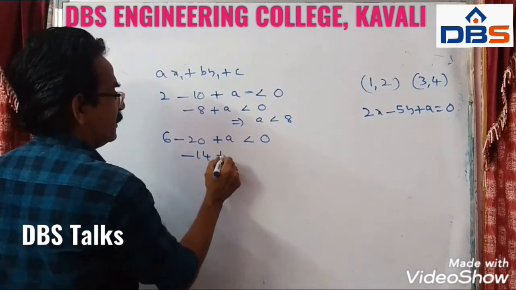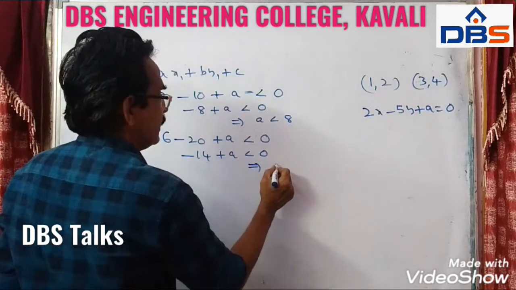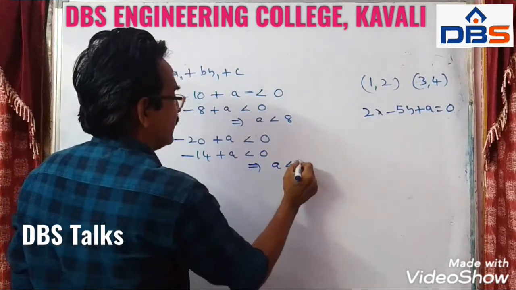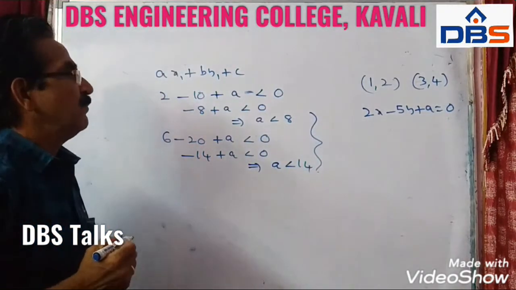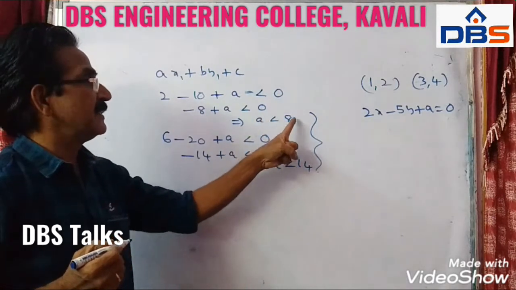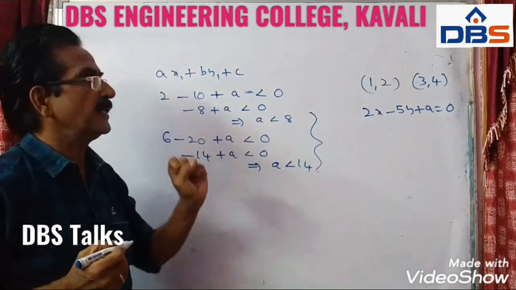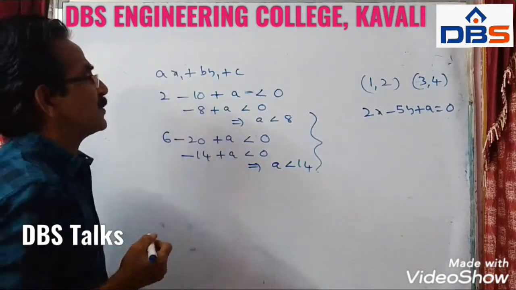Minus 14 plus a less than 0. It implies a less than 14. So in the first case, a less than 8 and a less than 14. Now let us take the greater than values.